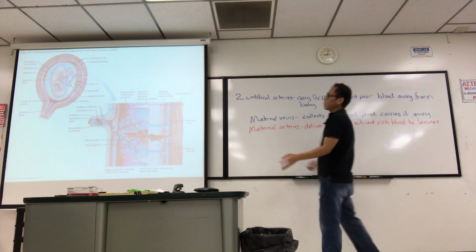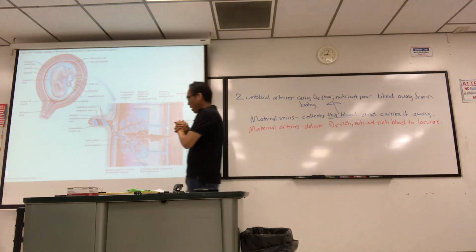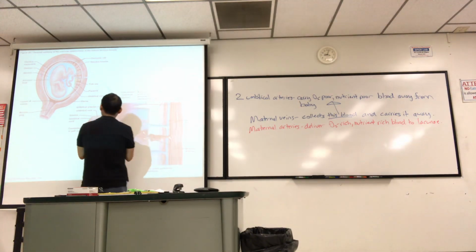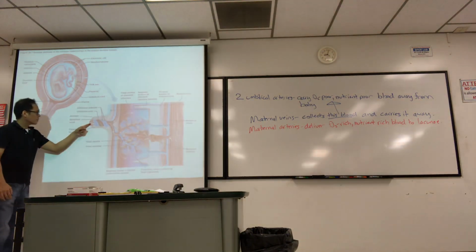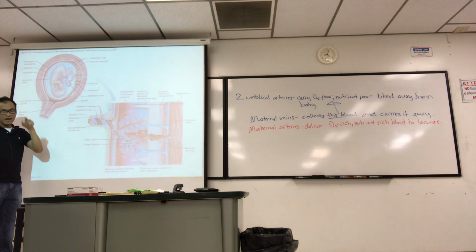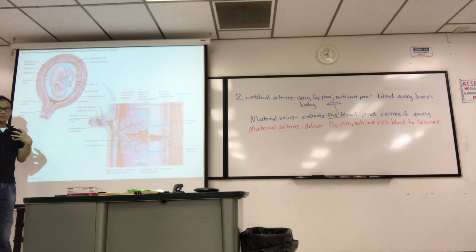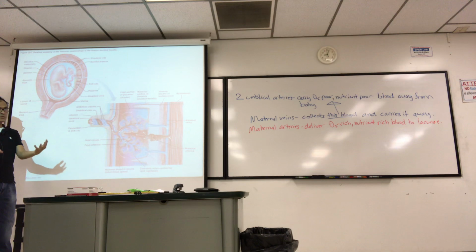So it gets it that far, but then you need the umbilical vein to collect that blood and take it to the baby. So the vein is draining the blood to baby. It's returning it to baby. So veins return blood, arteries take the blood away.